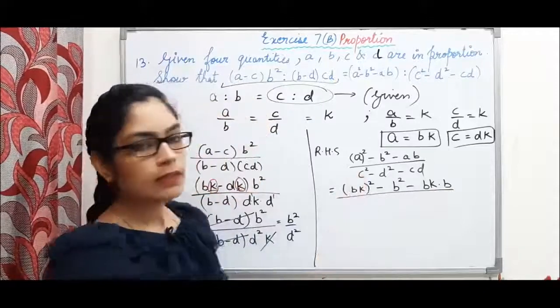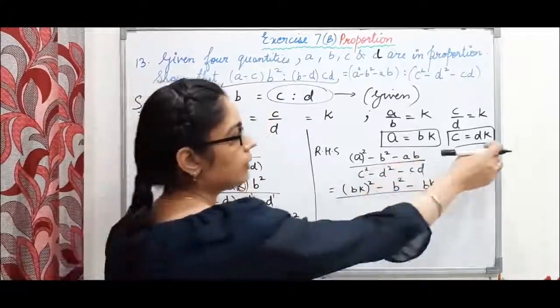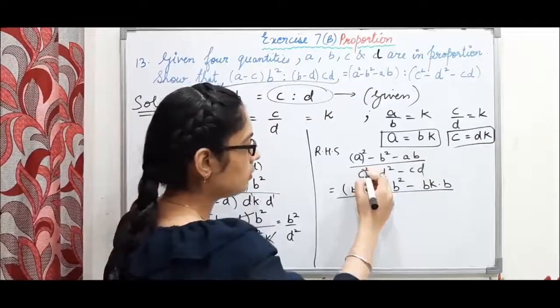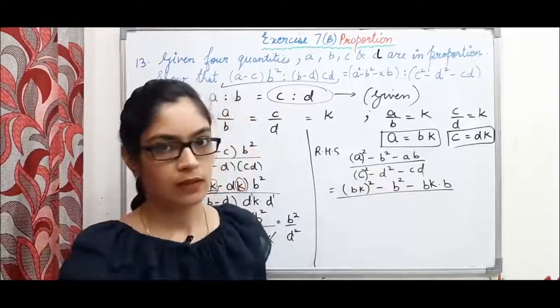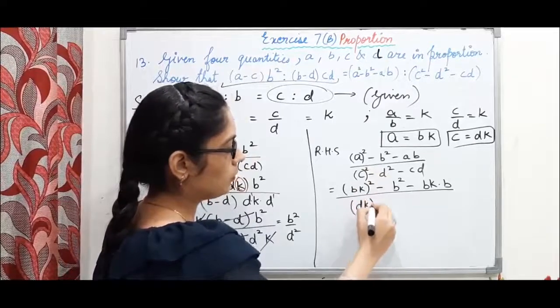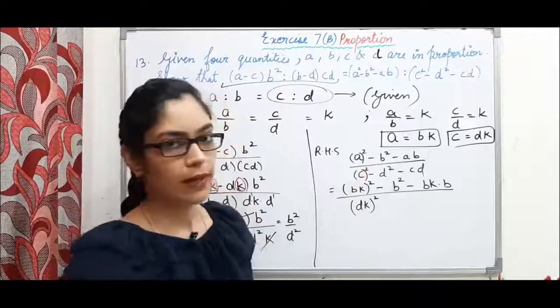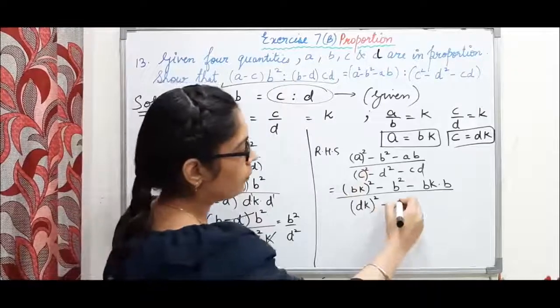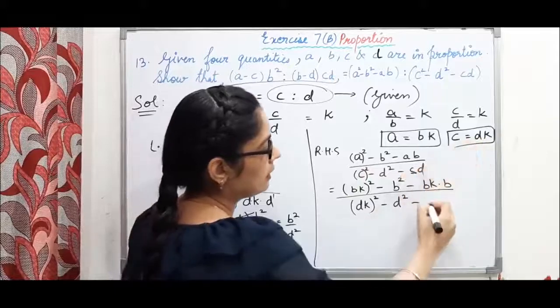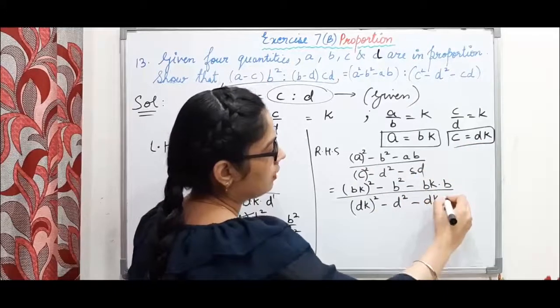C square, so again c we know it is equals to dk. So in place of c I will write its value dk and whole square. Don't forget this square. Minus d square minus c is dk into d.